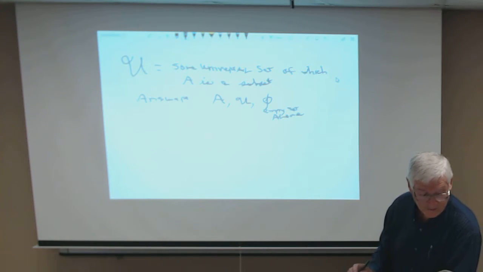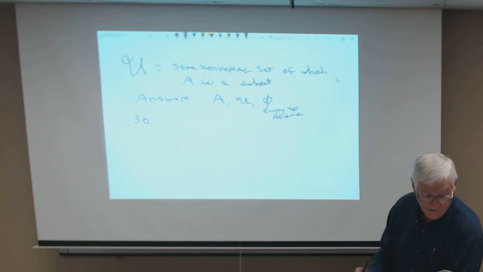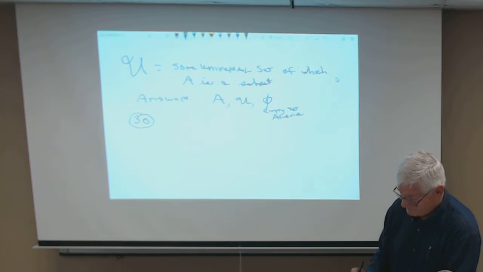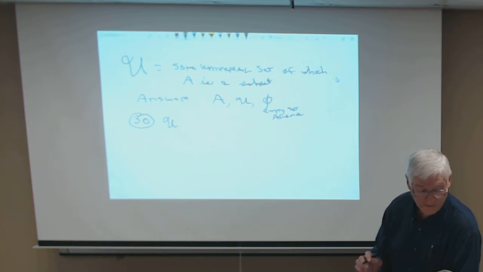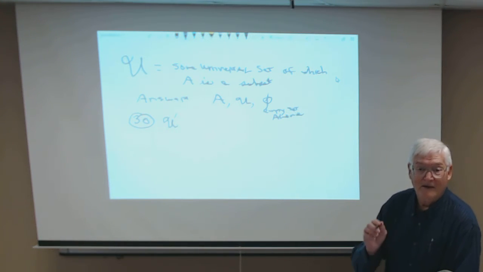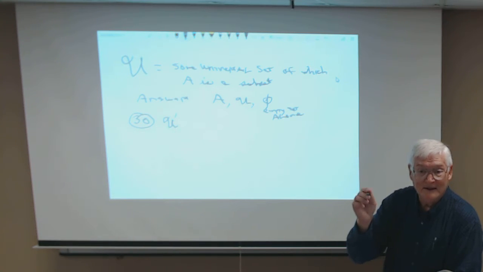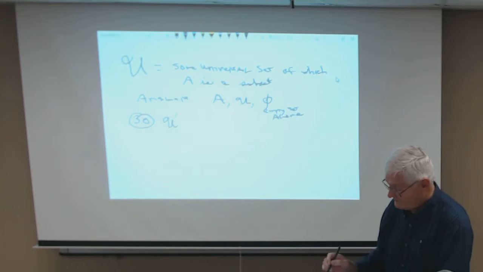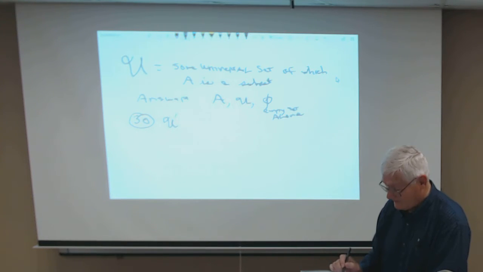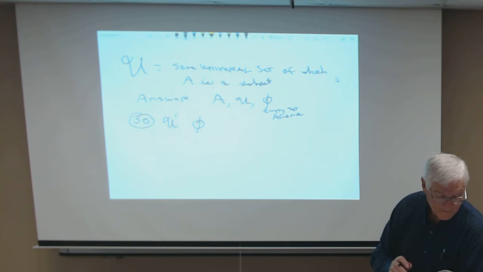So let's look at problem 30. Would the complement of the universal be nothing? The complement of the universe would be nothing, and how would I say nothing? The empty set alone. And then 29 would just be the reverse of that, right?